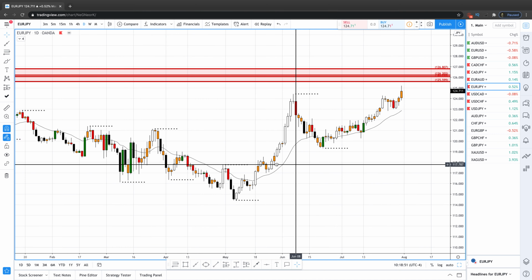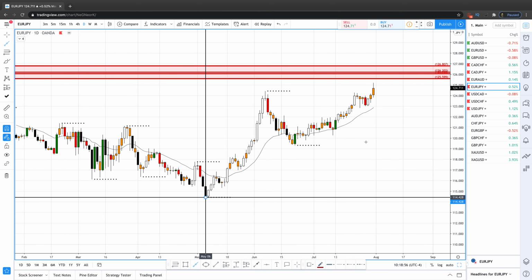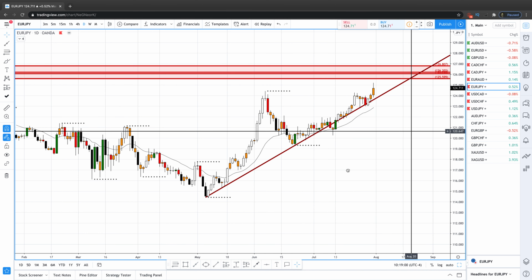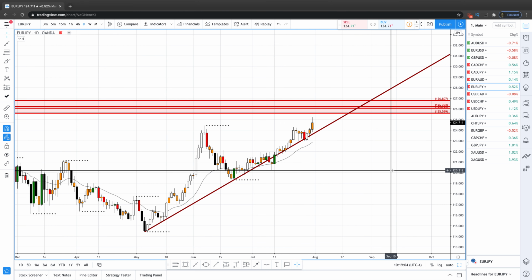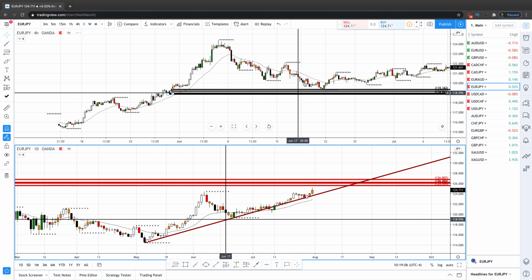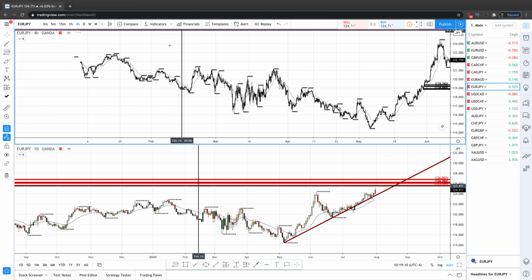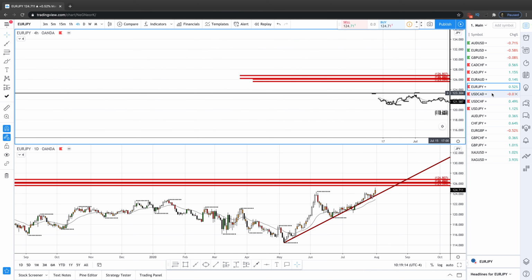So the euro's obviously been on a pretty consistent uptrend. But you know, I bet we could see it get slapped short here, especially with that euro news that came out, the GDP. As far as the 4-hour goes, we got to go back pretty far to find something.